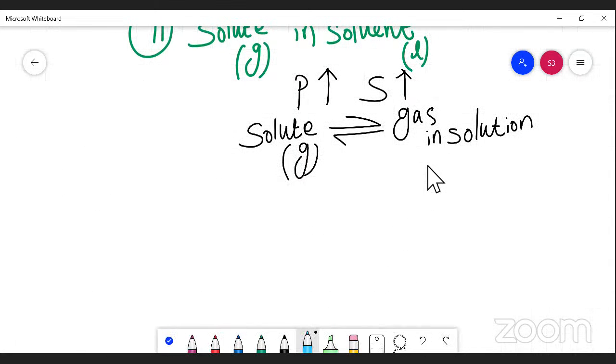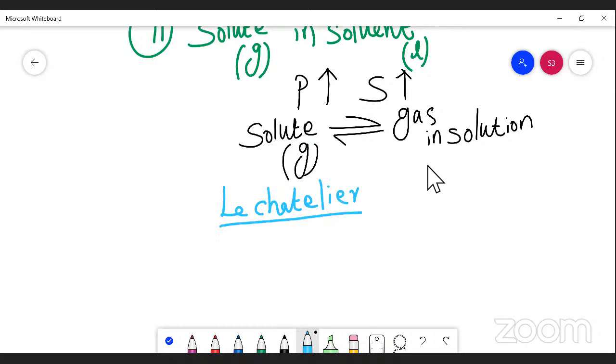What is Le Chatelier's principle saying?